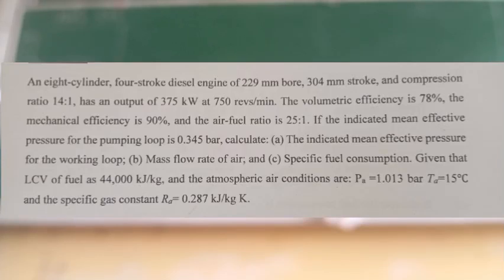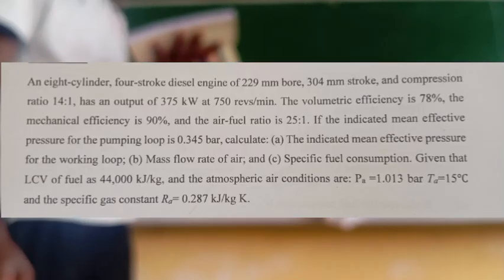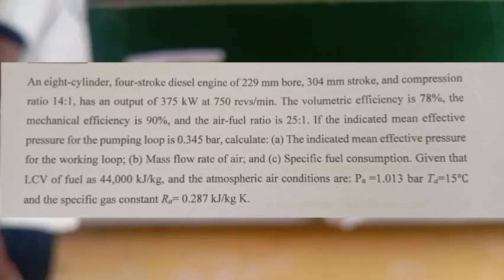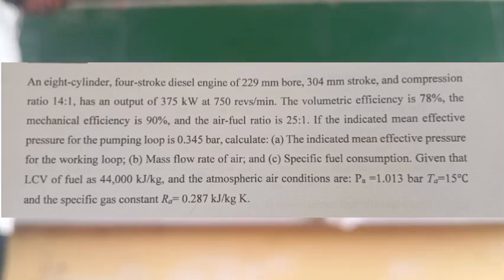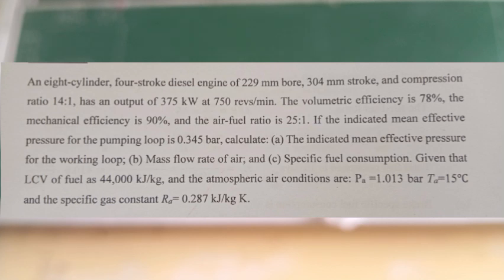An 8-cylinder 4-stroke diesel engine of 229mm bore, 304mm stroke, and compression ratio of 14:1 has an output of 375 kilowatts at 750 revs per minute. The volumetric efficiency is 78%, the mechanical efficiency is 90%, and the air flow ratio is 25:1.